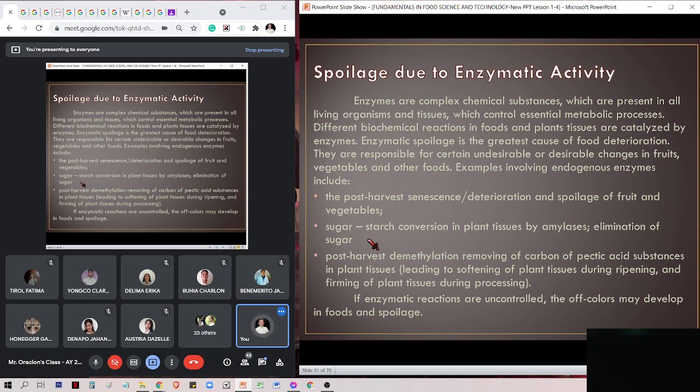So they are responsible for certain undesirable or desirable changes in fruits, vegetables, and other foods. Example involving endogenous enzymes includes the post harvest senescence or deterioration and spoilage of fruit and vegetables.